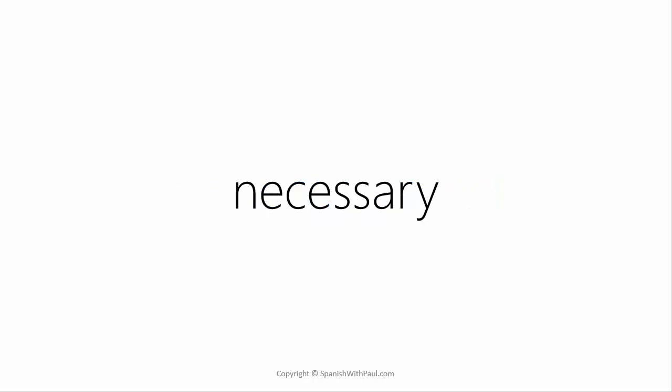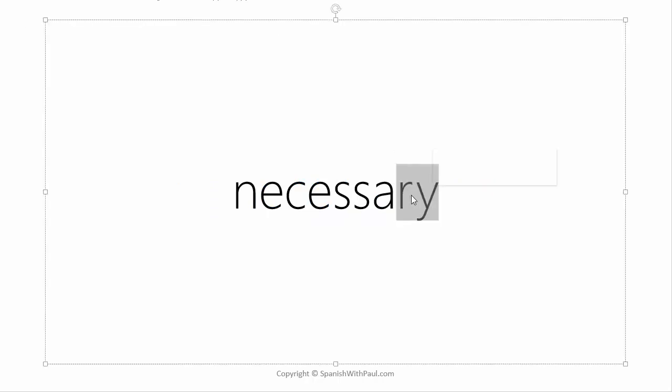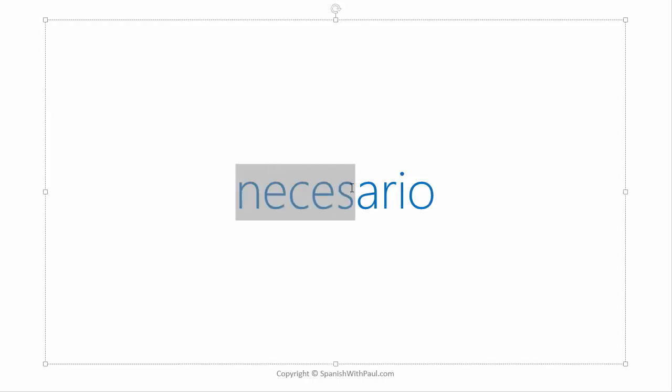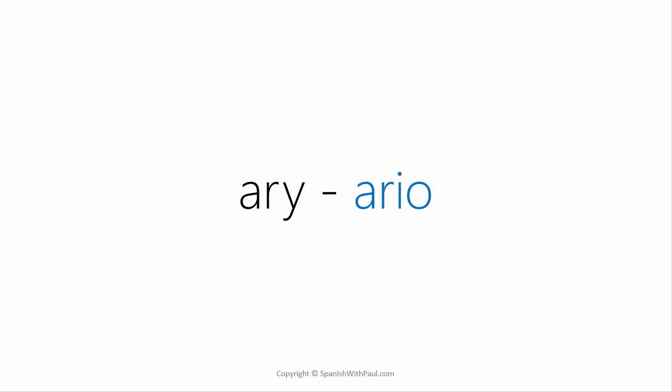Do you remember how we had words ending in ARY going to ario in our first steps module? So necessary would become necesario. It belongs to the category where words ending in ARY go to ario in Spanish.